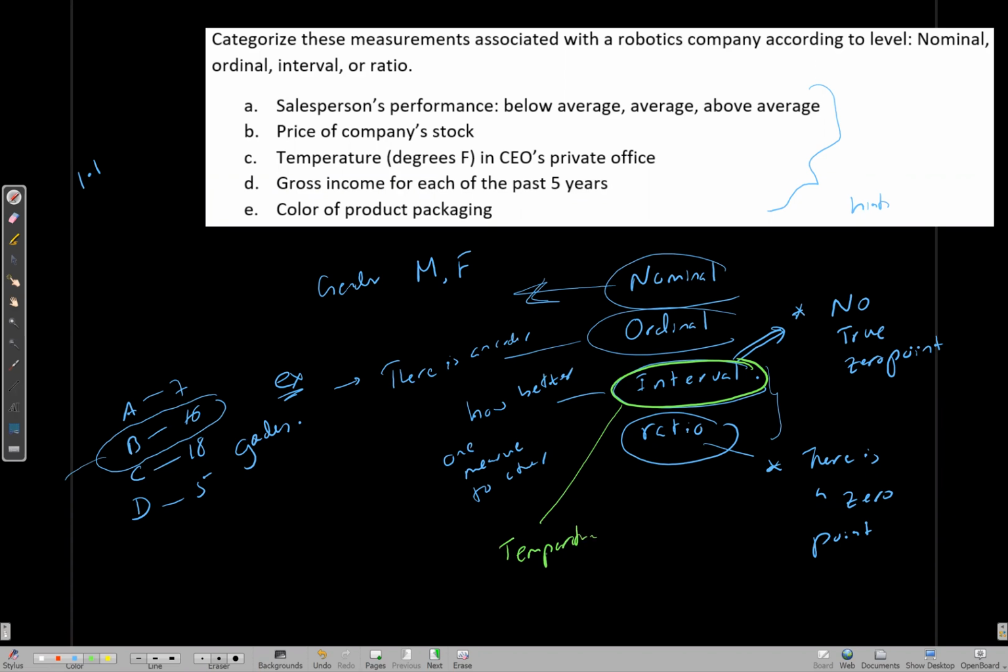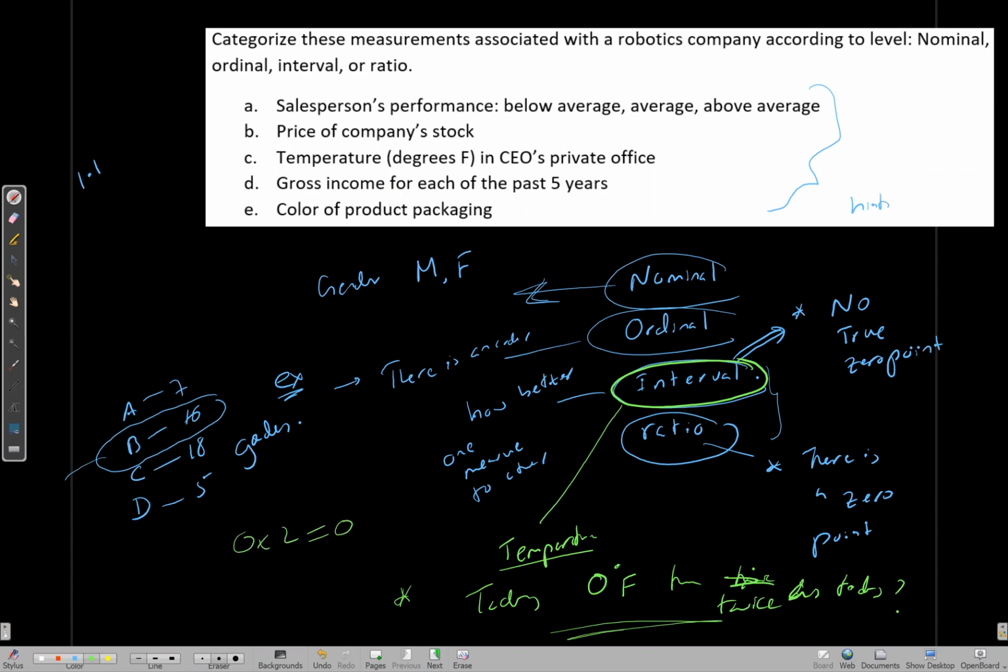If I tell you today is 0 degrees Fahrenheit, and tomorrow will be twice as today, now this question does not make any sense, right? Because 0 times 2 is still 0 in mathematics. It is a nice example.